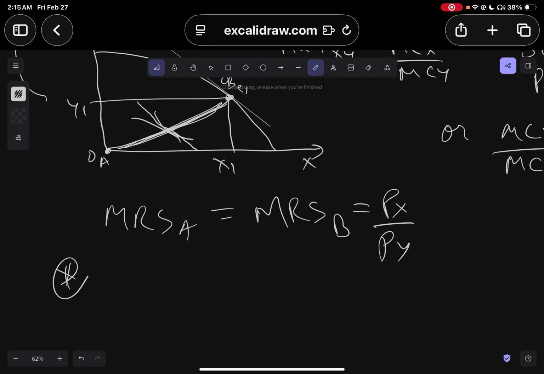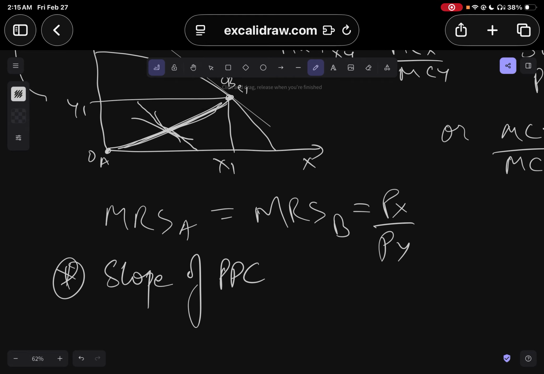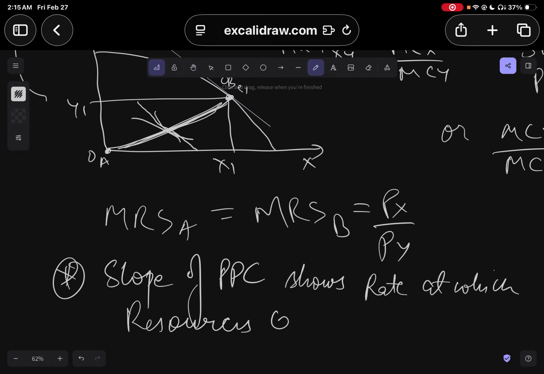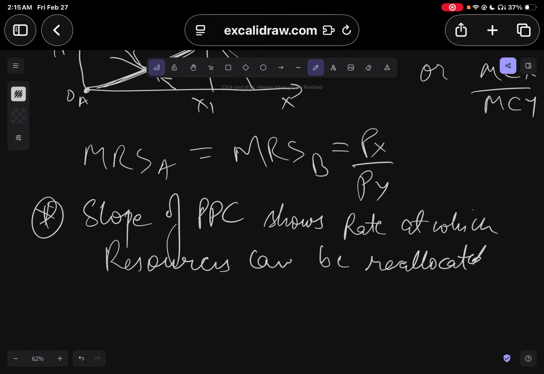So first of all, slope of PPC shows the rate at which resources can be reallocated to transform one commodity to another.